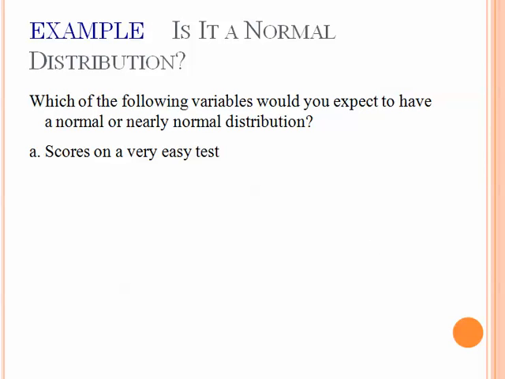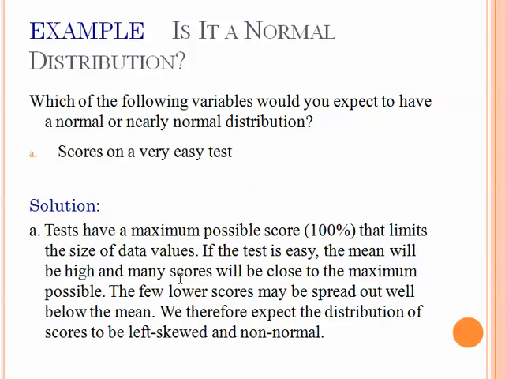And the key word is a very easy test. You figured that on a very easy test, most people will do very well, and maybe score close to 100%, and some people will not do so well, but very few people will not do so well. So this will not be a normal distribution.